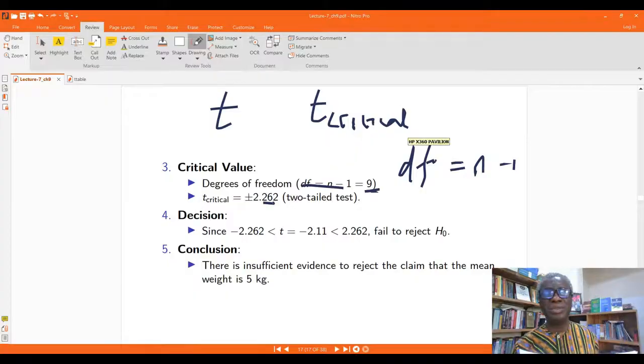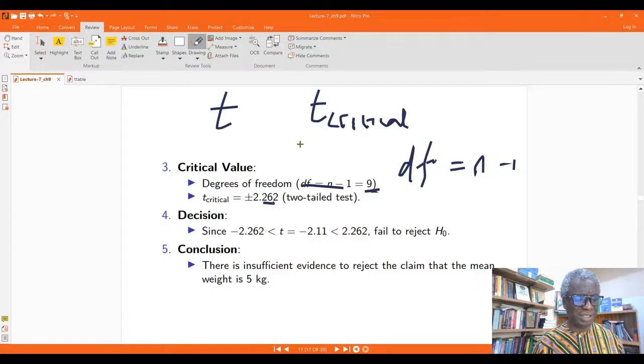So if you go back, the T that we calculated was minus 2.11, and the critical T that we obtain from the table is 2.262.